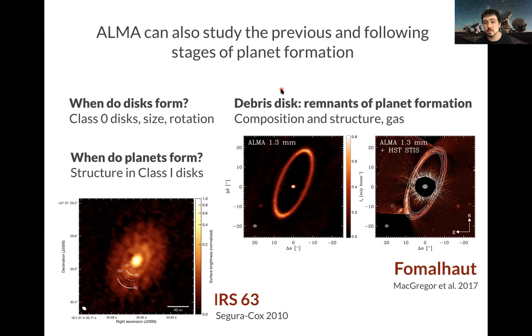You can study the dust composition and the structure of these disks. Here you have this beautiful ring from the Fomalhaut system. You can use multi-wavelength observations, maybe compare that with Hubble, or you could try to detect gas in the systems, which due to the high sensitivity of ALMA, is easily detectable in some debris disks.